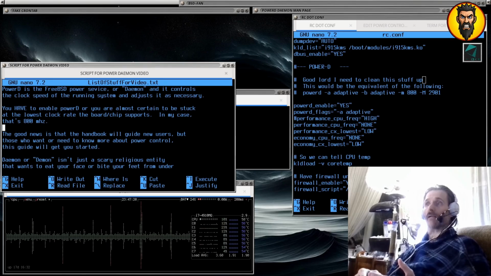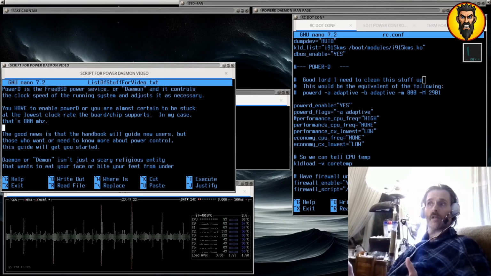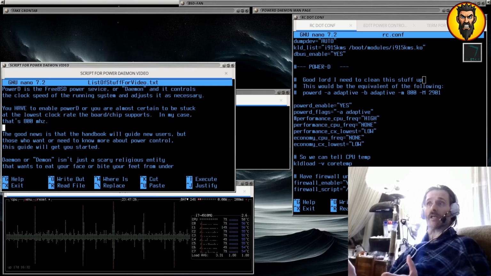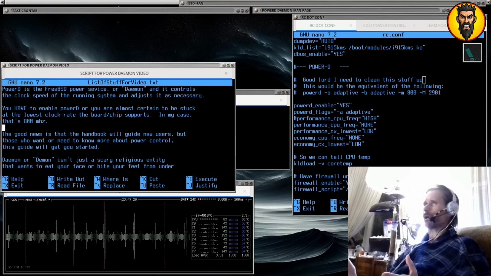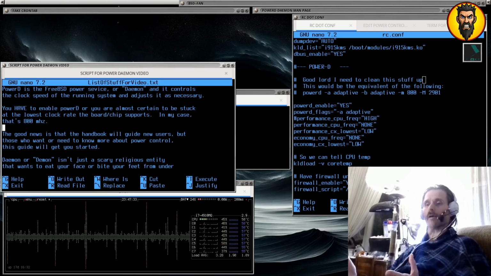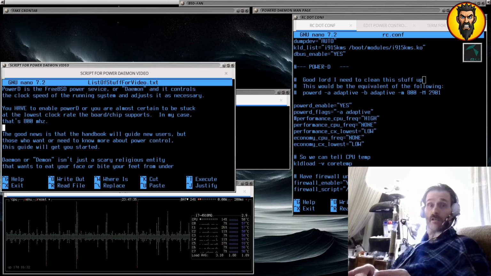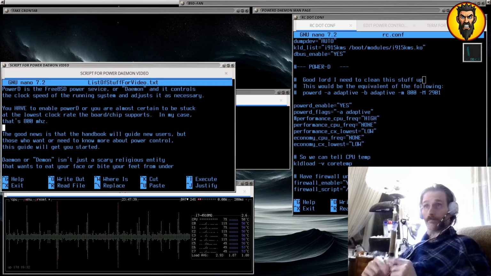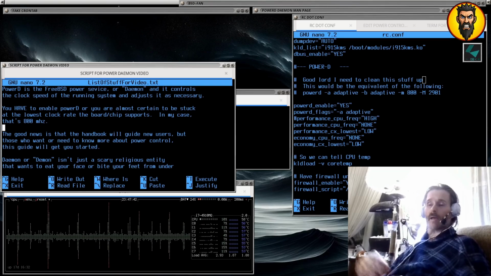As a good example, my Raspberry Pi, when it boots, if there's no PowerD or you kill the process, drops back down to 800 megahertz. Maybe it's 400 megahertz now that I think about it. I can't remember. It's low, whatever the base is anyway. And the same with the machine we're looking at here. If you kill that, it will drop back down to 400 megahertz.